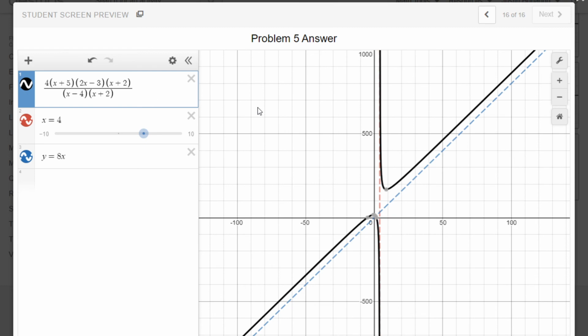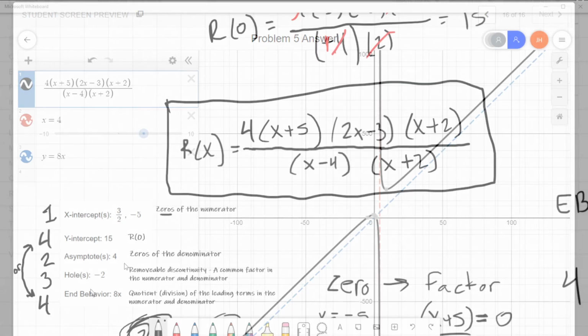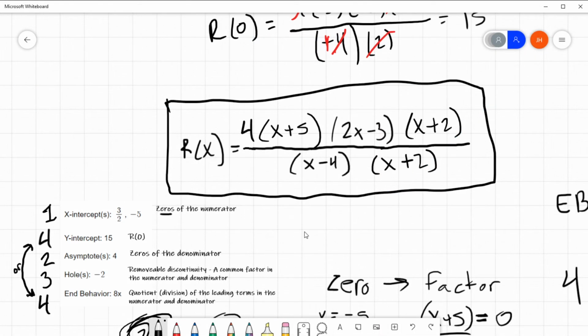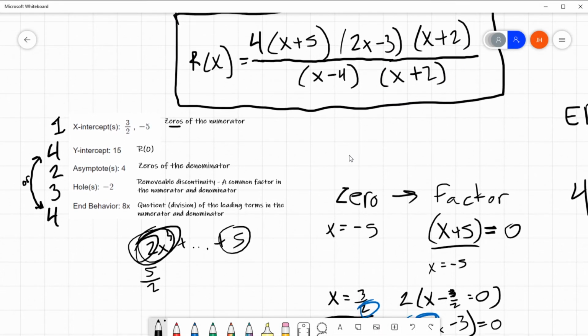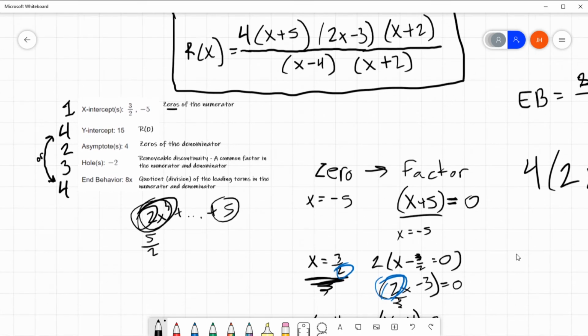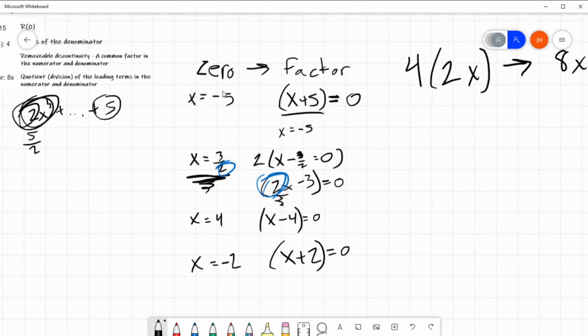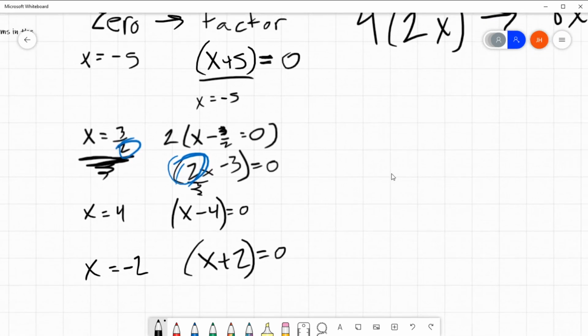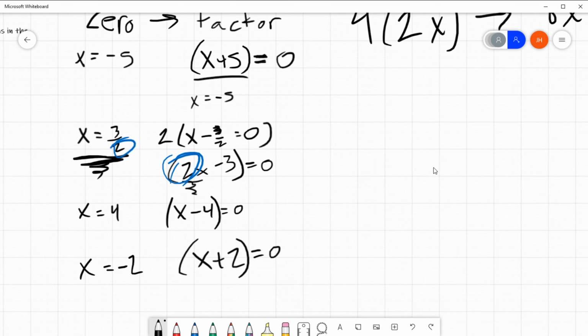So to summarize things, y'all, the only thing that's really new is this idea of going from the zeros to the factors. And the really weird one is when it's a fraction. Let's say I knew that I had an x-intercept at 5 over 3.